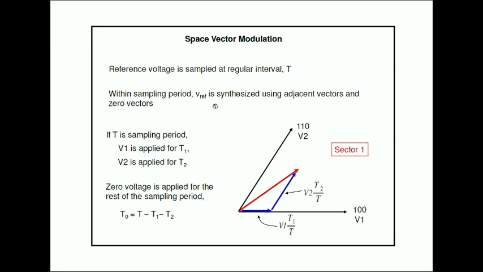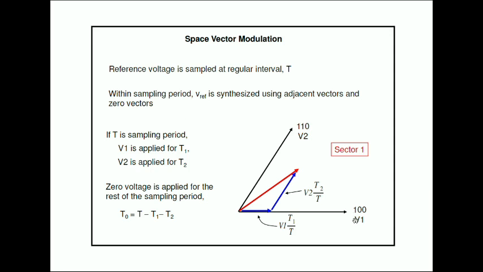Within the sampling period, V reference is synthesized using the adjacent vectors and the zero vector. That means we have two vectors v1 and v2, and we are also considering zero vectors. There are two zero vectors, v0 and v7.